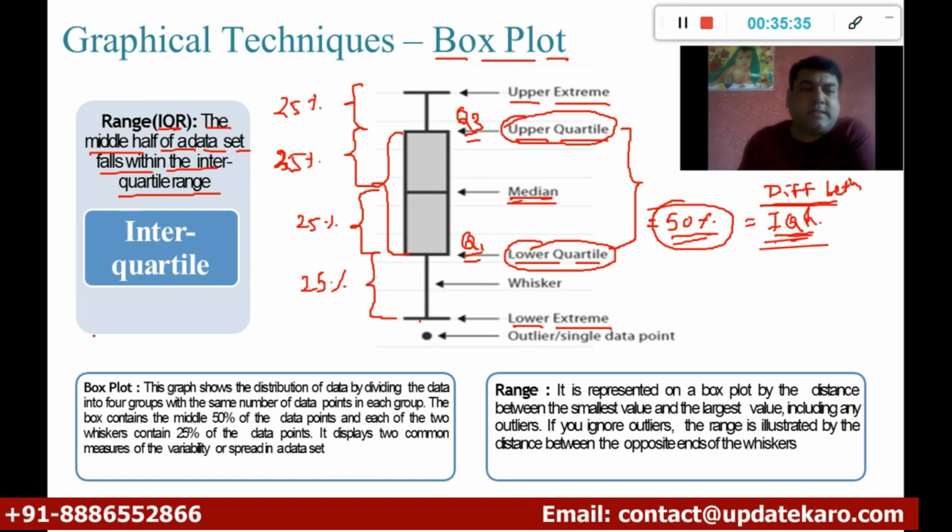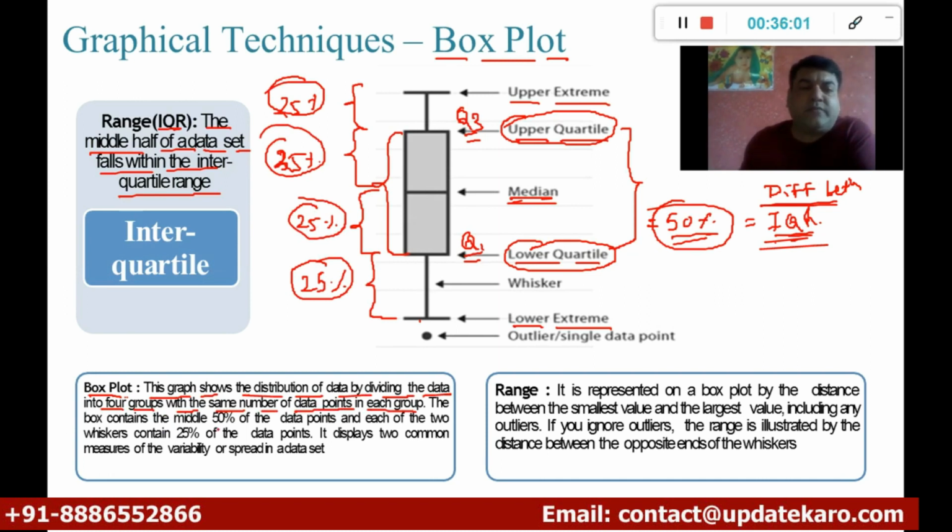Let us understand the terminologies again. The box plot graph shows the distribution of the data by dividing the data into 4 groups with the same number of data points, that is 25% in each group.